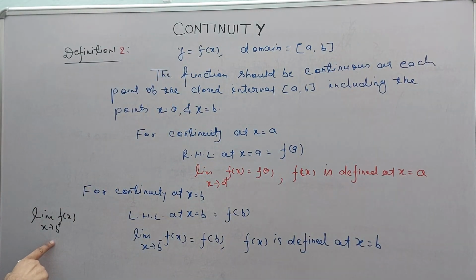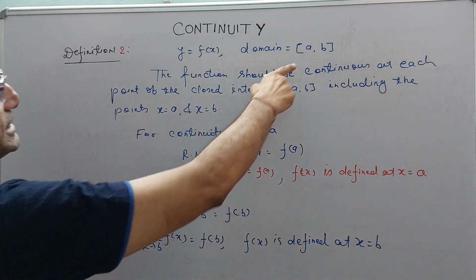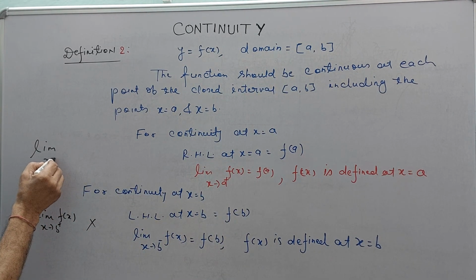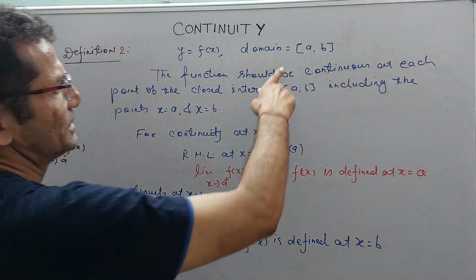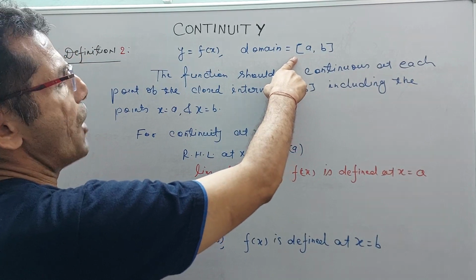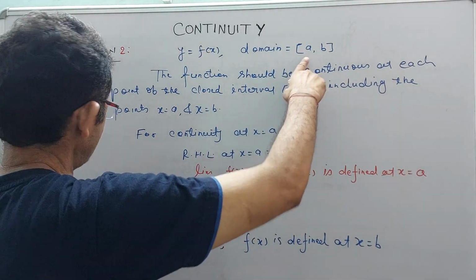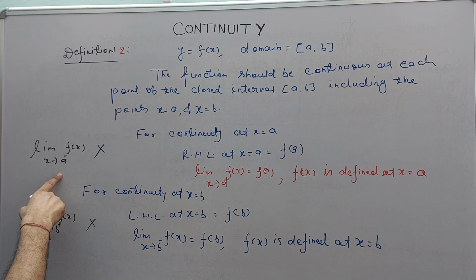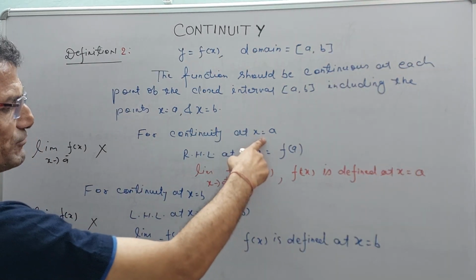So for the right hand limit at the point b, we will be outside of this interval, so we will not take this. Similarly, if I take the left hand limit at the point a, we are approaching a from the left hand side. It means we are approaching a from outside of the interval, therefore we will not take the left hand limit for checking the continuity at the point a.